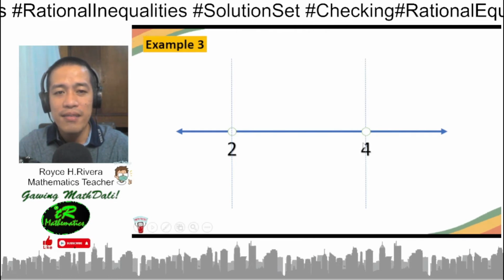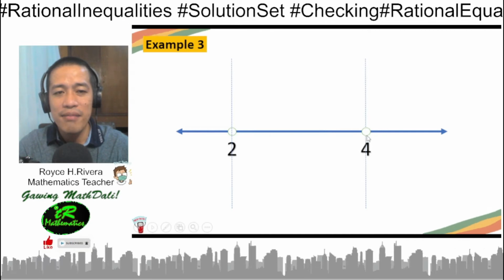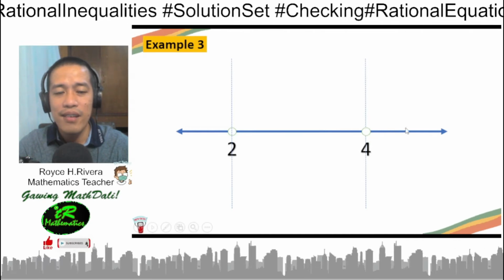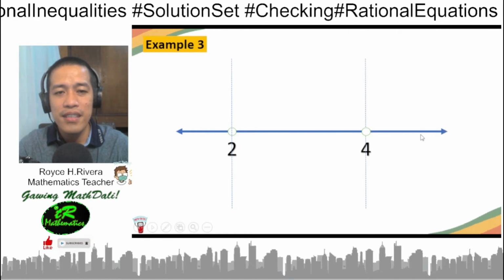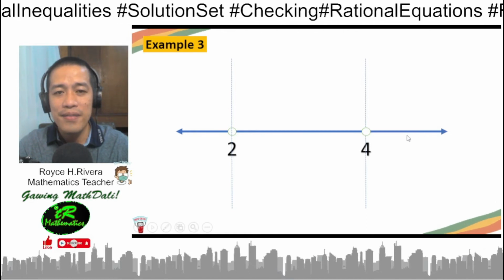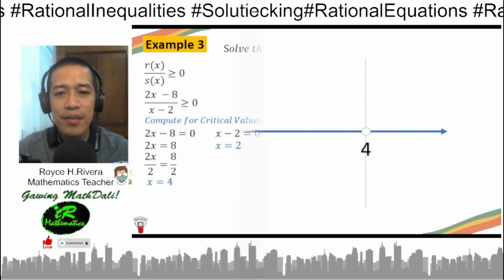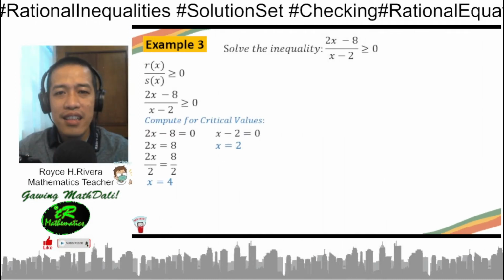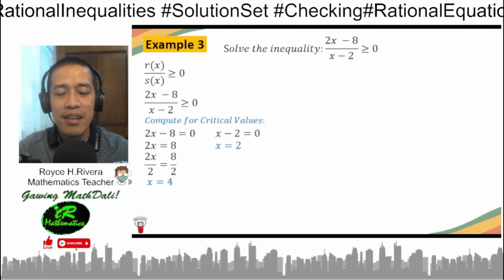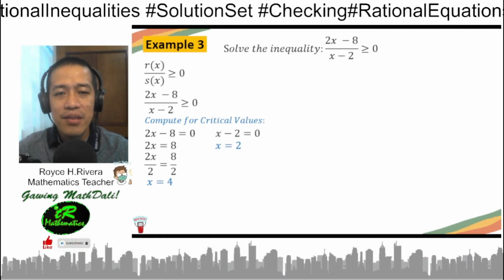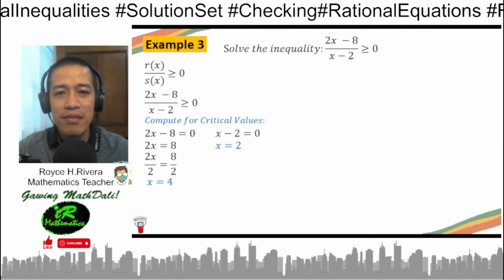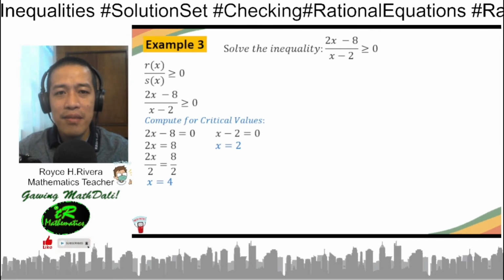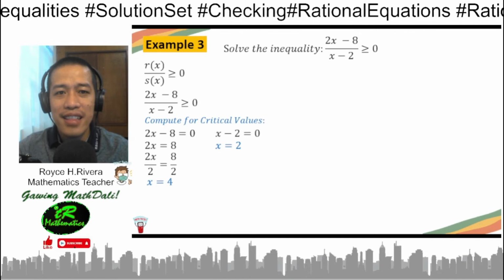The third interval is the set of numbers to the right of 4, or the set of numbers greater than 4. We will now check the critical values if they are included in the solution set. We will substitute each value and find out if they will satisfy the inequality.